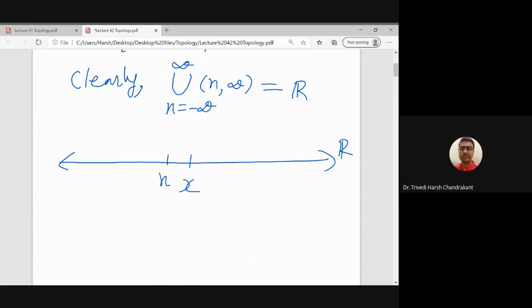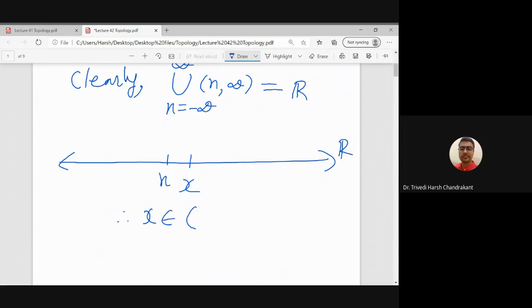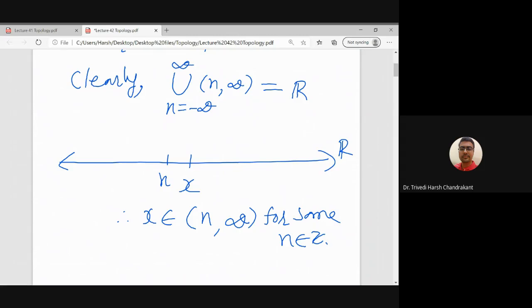So whenever I take any real number x, I can always find an integer n which is smaller than x. Therefore x belongs to (n, infinity) for some integer n. Right. We can also choose n by taking the integral part of x. That is also one way to choose n.